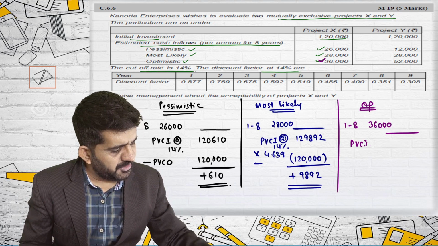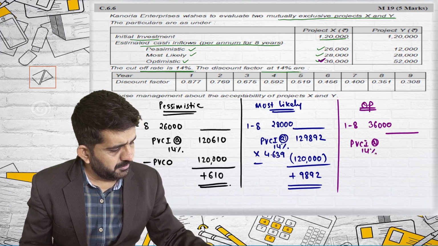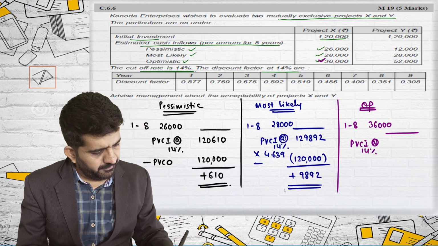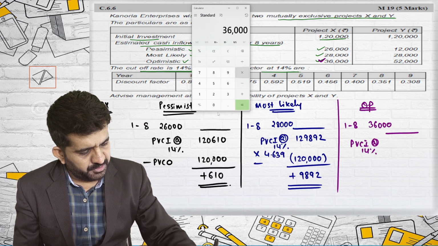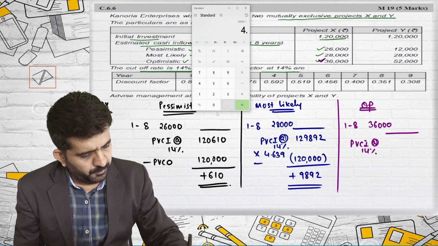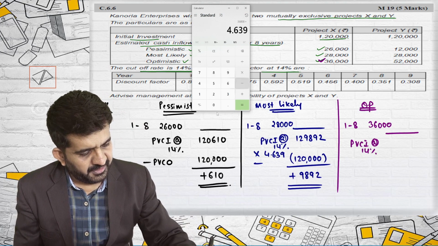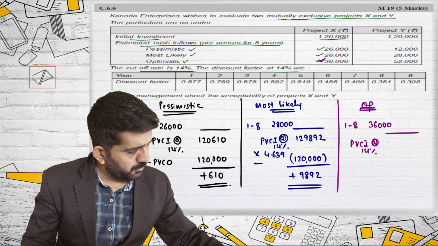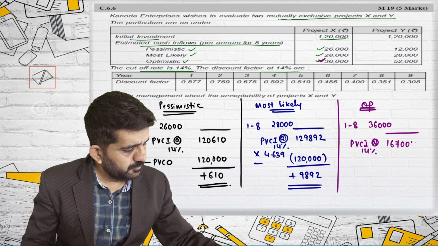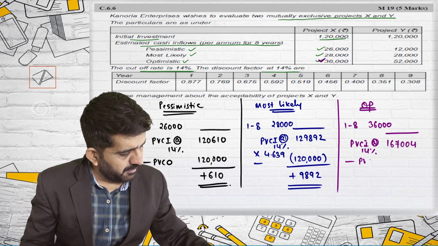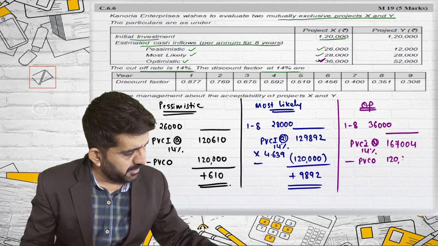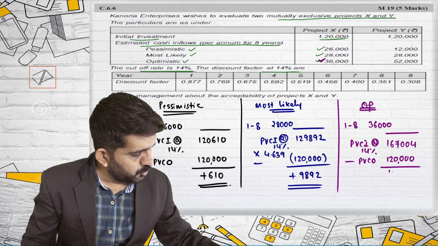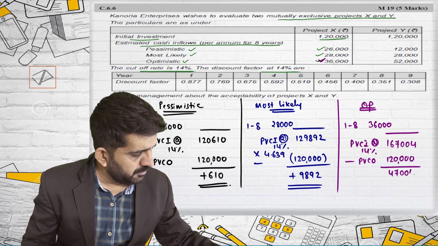Present value of cash inflow at the rate of 14% will be 36,000 into 4.639, 167,004, minus present value of cash outflow 1,20,000. This will be 47,000.